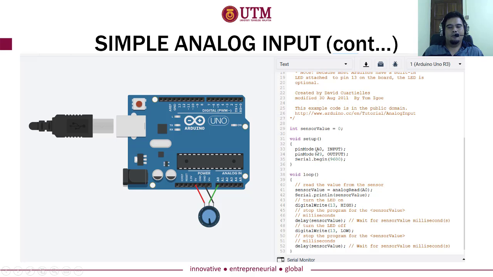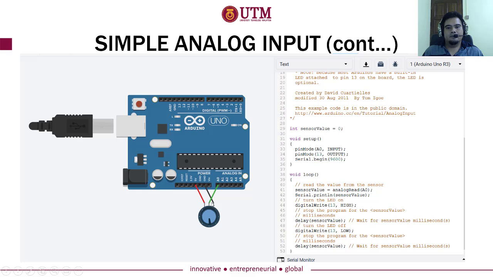But the main thing I want to discuss is this one. We already set our A0 as an input, and then of course if you are using the analog input port A0 here, this function analogRead is for the purpose of reading that analog value.